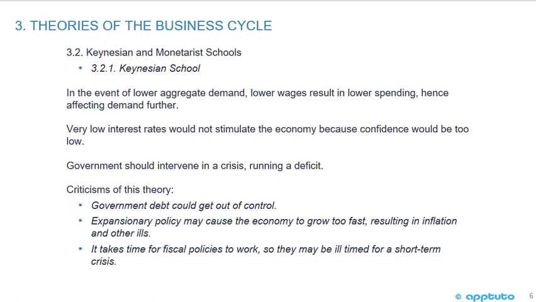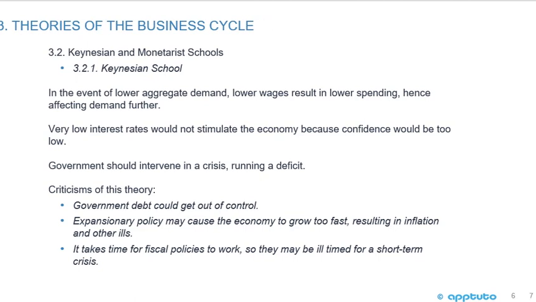Criticisms of this theory: government debt could get out of control. Expansionary policy may cause the economy to grow too fast, resulting in inflation and other ills. And finally, it takes time for fiscal policies to work so that they may be ill-timed for a short-term crisis. So again, the Keynesian school, the important thing to look at is that the government is intervening.